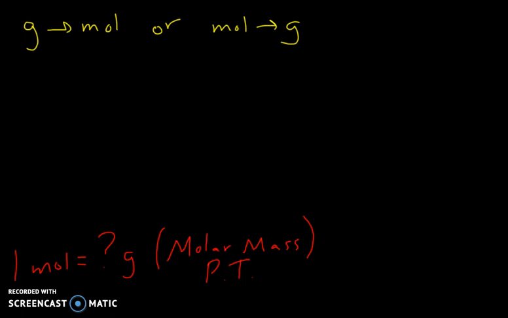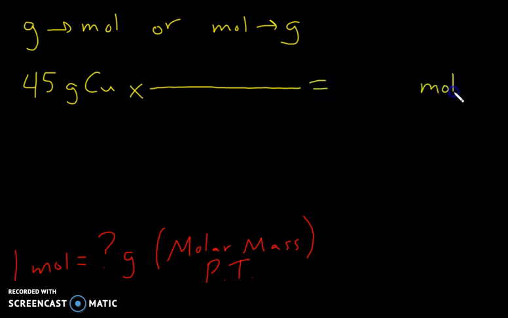So, now that we've got our conversion factor, let's do a few sample problems. Let's go ahead and start with grams to moles conversions. Let's say I'm starting with 45 grams of copper, and I want to know how many moles I have. So I'm going to set up a conversion, and at the end I want to know how many moles of copper I'm left with.